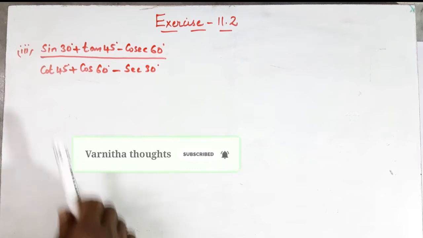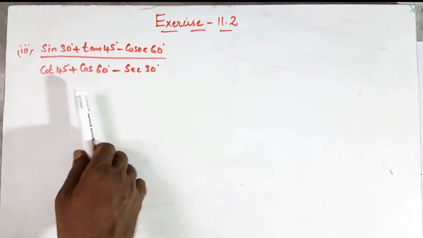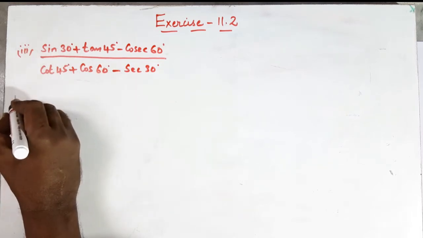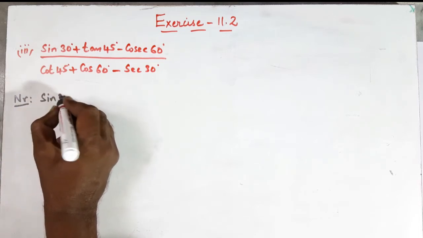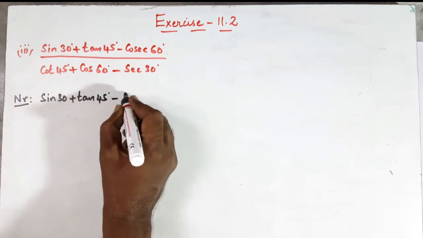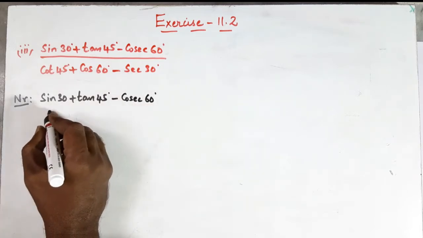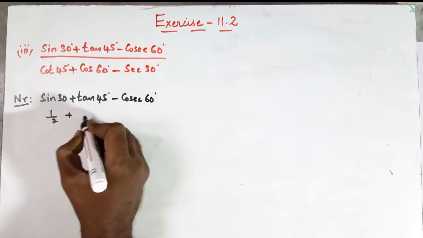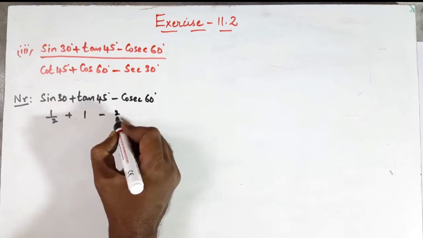The third problem is sine 30 degrees plus tan 45 minus cosec 60 by cot 45 plus cos 60 minus sec 30 degrees. First of all we will solve for the numerator. Sine 30 degrees plus tan 45 minus cosec 60. Sine 30 is 1 by 2, tan 45 is 1, minus cosec 60 is 2 by root 3.